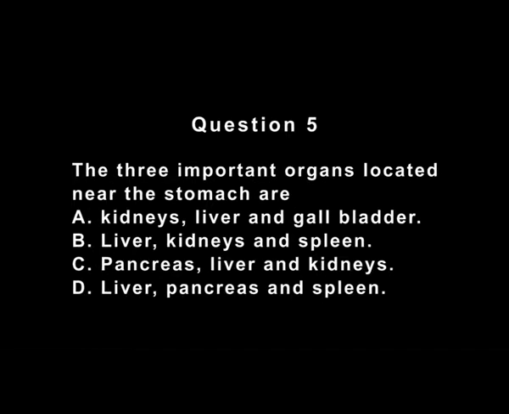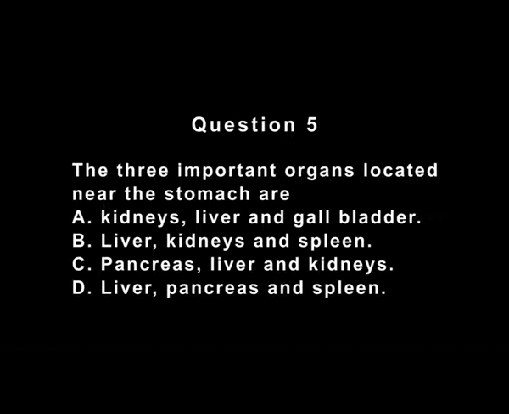Number 5. The three important organs located near the stomach are, this question is asking about the organs of the body. Now, if you have dissected an animal, you will be able to locate the position of these organs.